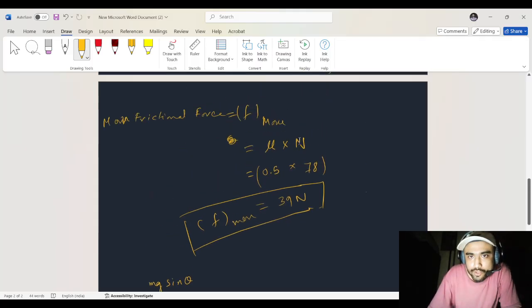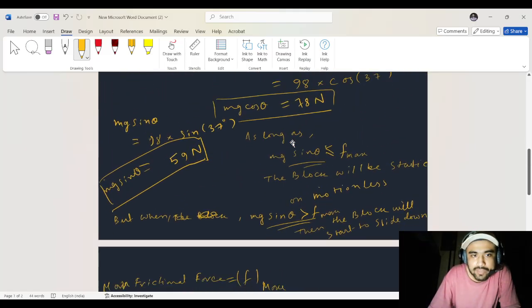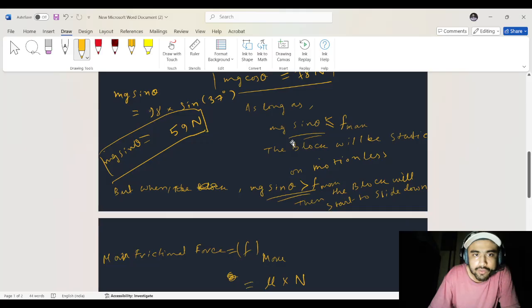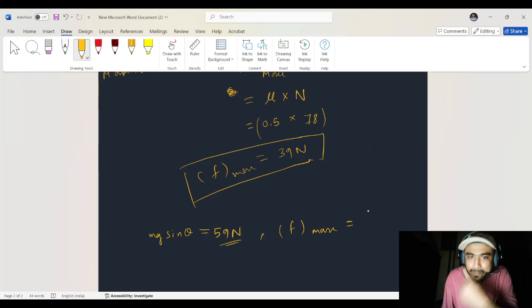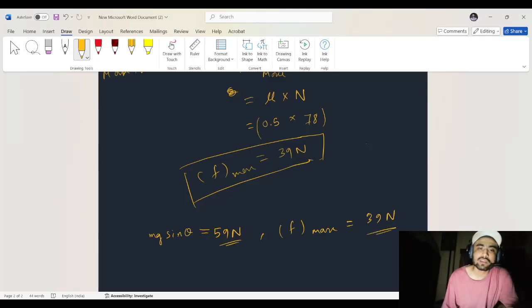The value of mg sine theta we have already evaluated, for 59 degree, is 59 Newton, and the maximum frictional force is equal to 39 Newton. Right?